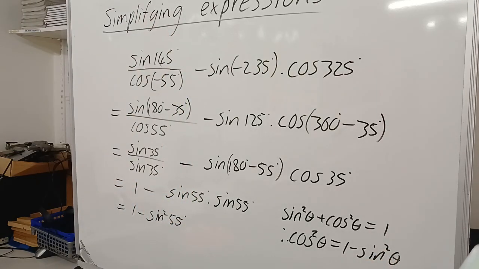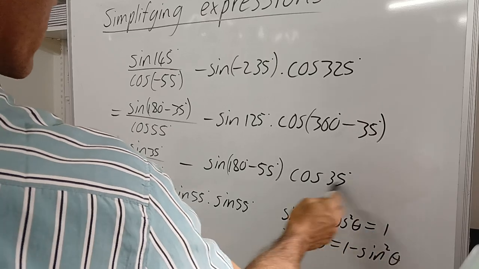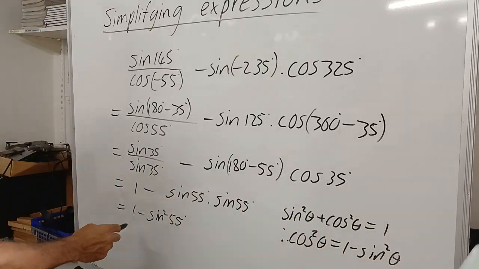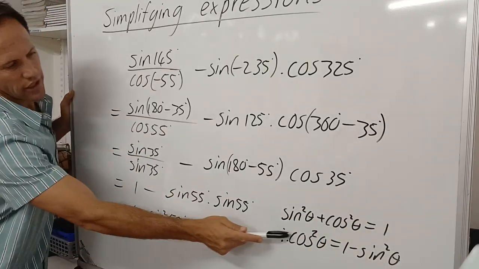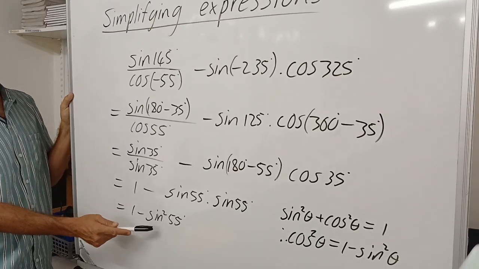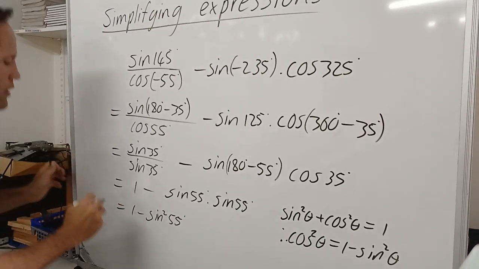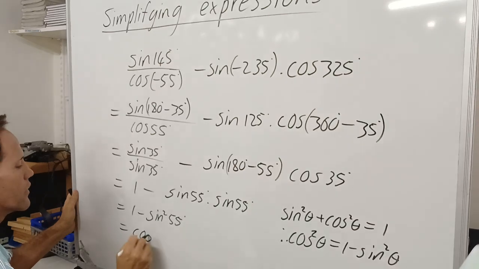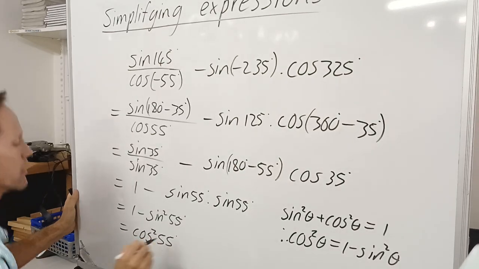Okay, it's the same thing. You just take the cos squared over, or the sine squared over. So here we can say that 1 minus sine squared 55 has to be equal to cos squared 55. Okay.